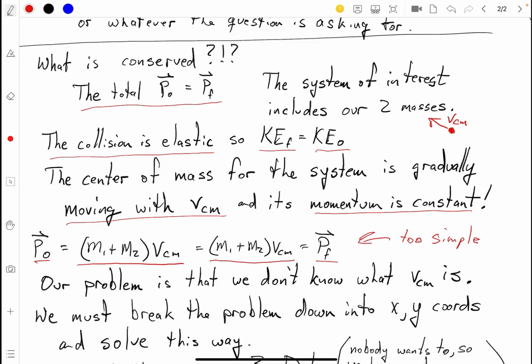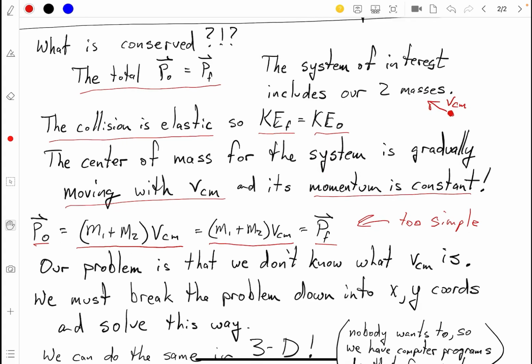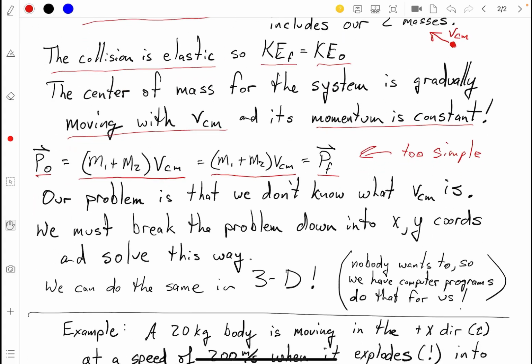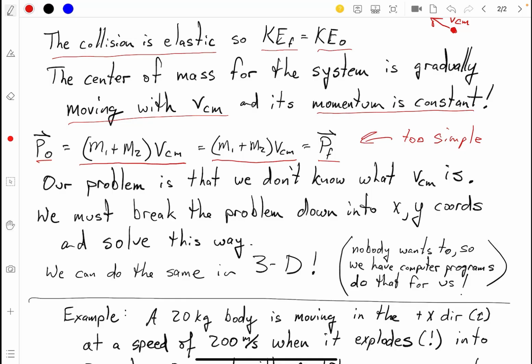Really, that's so basic. However, do you ever know the velocity of the center of mass? That's our problem. We don't know what the velocity of the center of mass is. We got to break this problem down into the x and y coordinates and go back to the things that we're given.